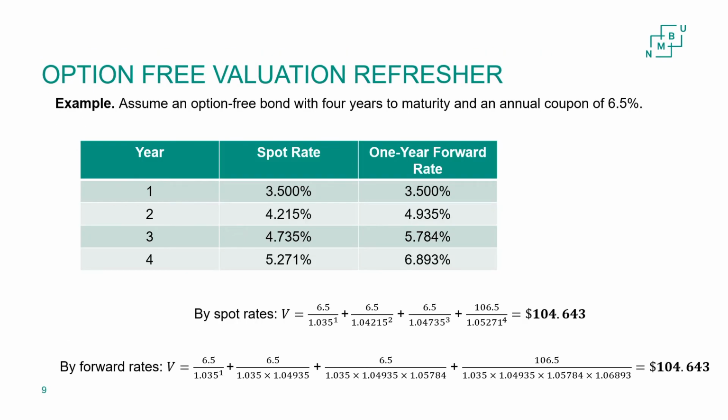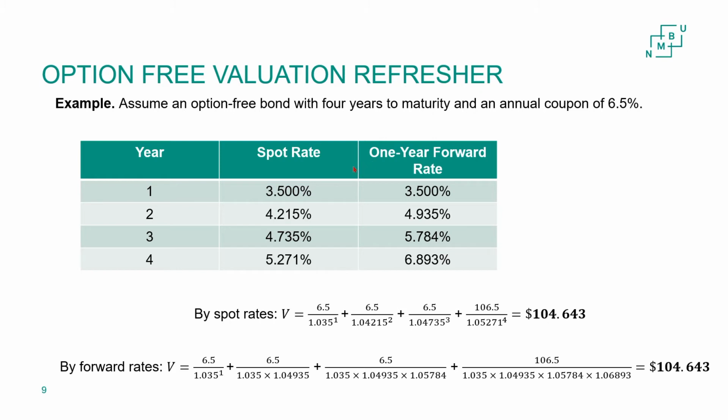So here is an example of how to get the arbitrage-free valuation of a bond. This is a 4-year bond with a 6.5% coupon, and you have the spot rates and the forward rates.